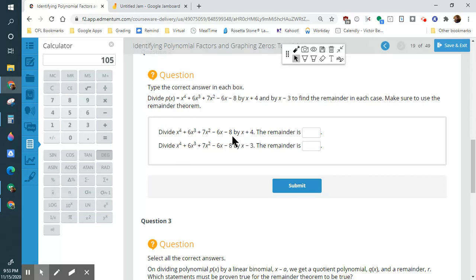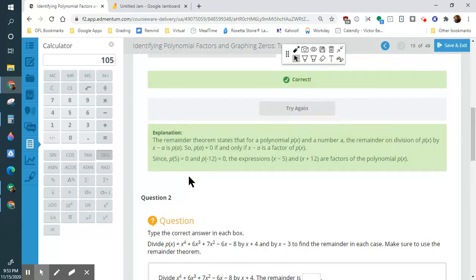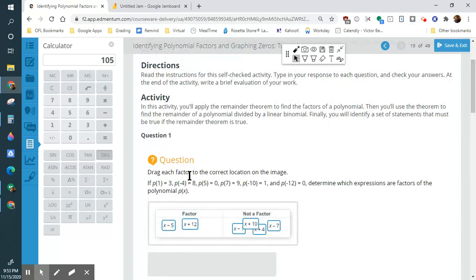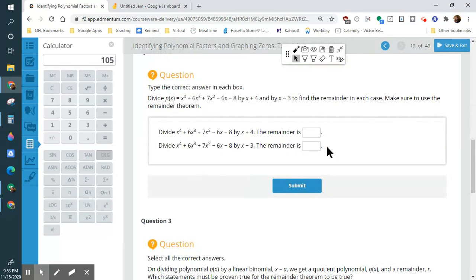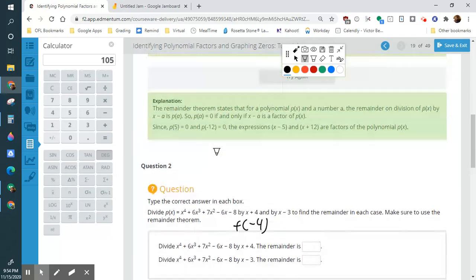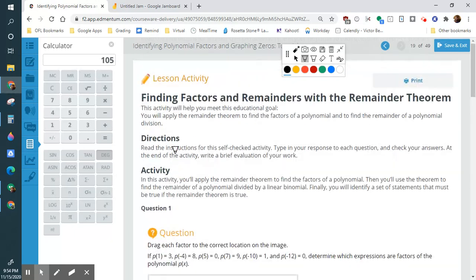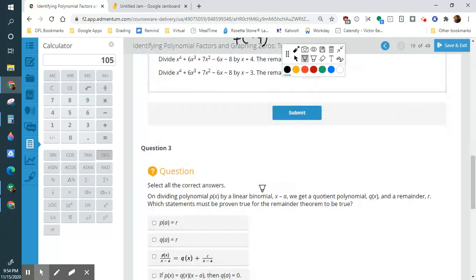Let's divide this out. What's the remainder of this? Oof. Let's see here. I'm just going to plug it in because why not? I'm just going to plug in a -4, so I'm going to do f of -4 into the function. Did they give us the function? They did not give us a function here.